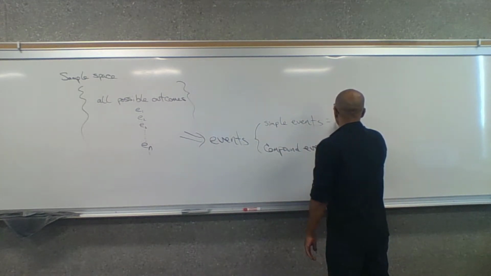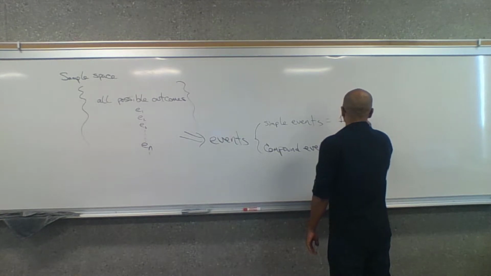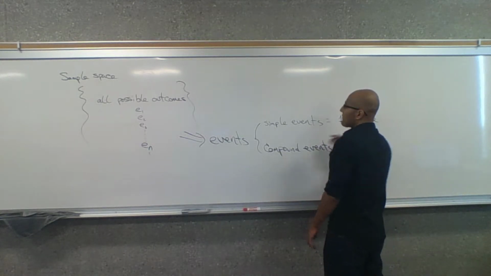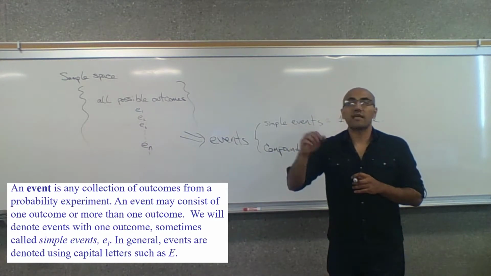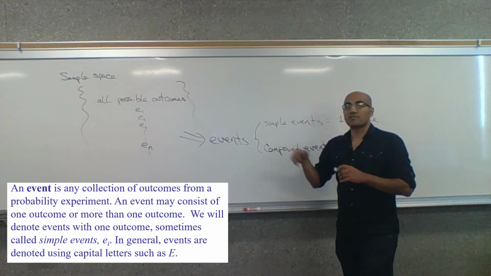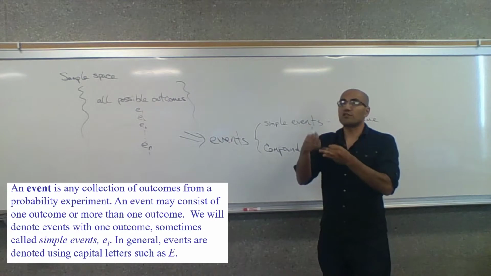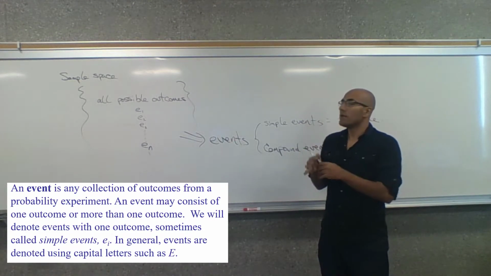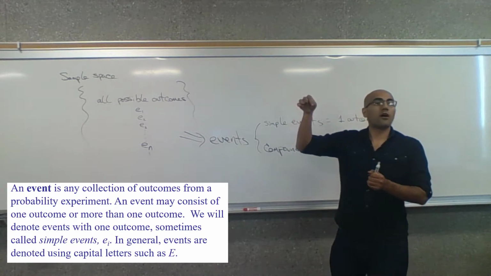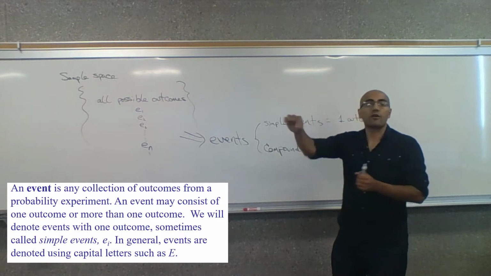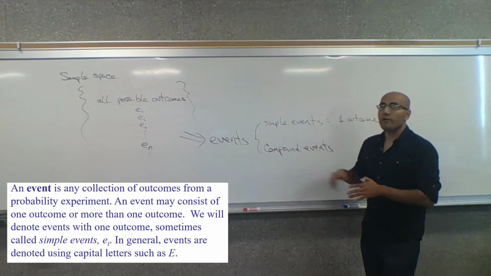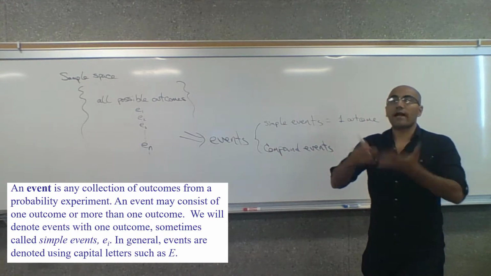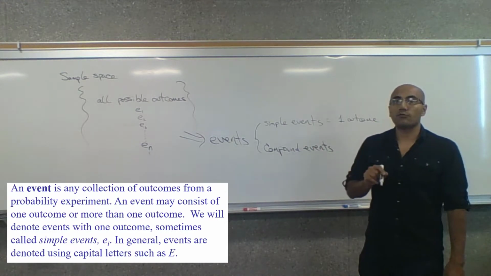Only one outcome describes it. If I'm rolling a single six-sided die, the simple events are that it's a 1, a 2, a 3, a 4, a 5, or a 6. If I'm drawing one card from a standard deck of cards, then any one of those cards could be a simple event. And compound events are made up of a combination of those outcomes.